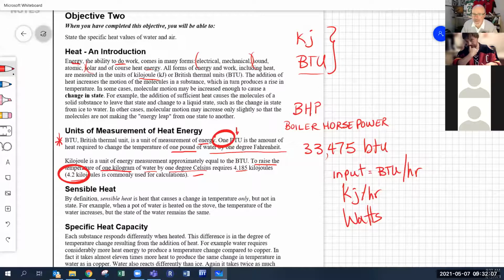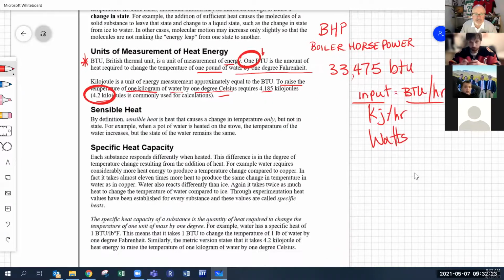Gas burning appliances usually have an input rating, and it tells us how many BTUs per hour they burn fuel. So that will come into play at some point in our future.